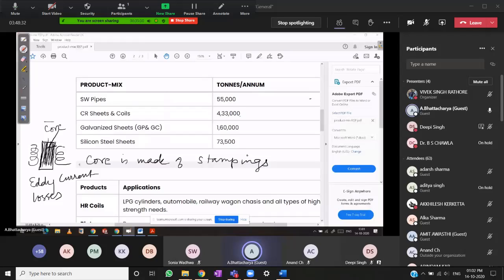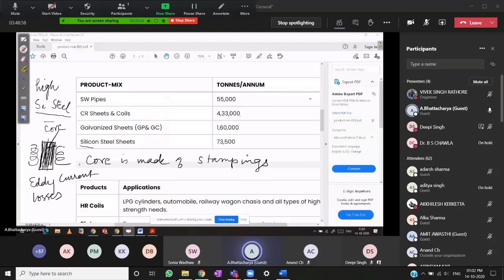are made of high silicon steel, because silicon provides the necessary specific resistance in this, so that it limits the eddy currents. Now this product is meant for stampings.